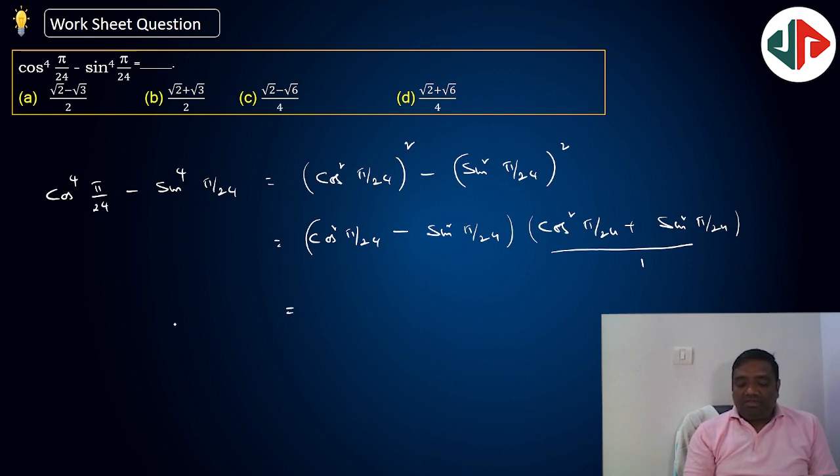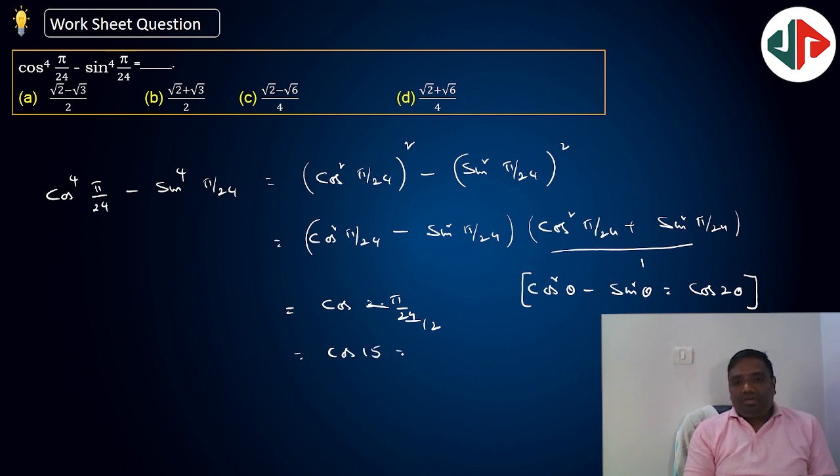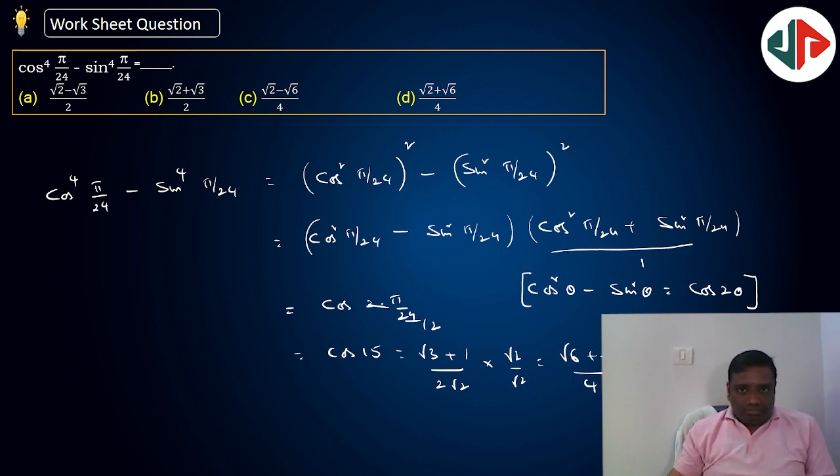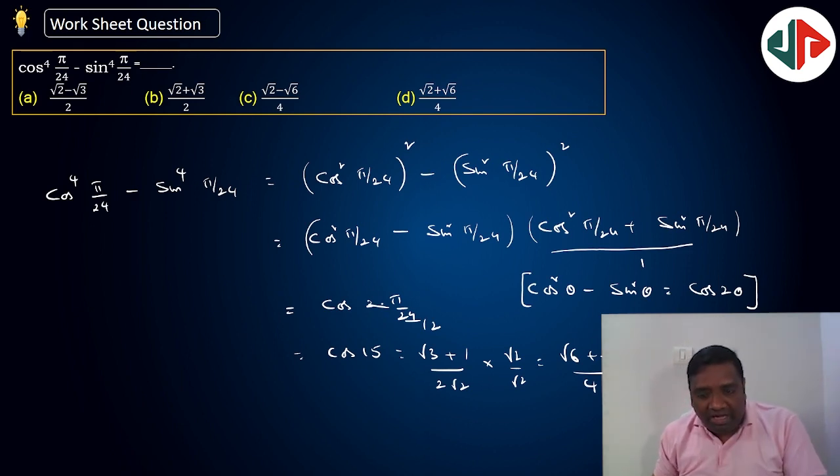Now it is nothing but cos square theta minus sin square theta. Cos square theta minus sin square theta value is always equal to cos 2 theta. So this value is also cos of 2 into π by 24, so π by 12. It is nothing but cos 15 degrees. Cos 15 means root 3 plus 1 by 2 root 2. Rationalize the denominator value. So your answer is root 6 plus root 2 by 4.